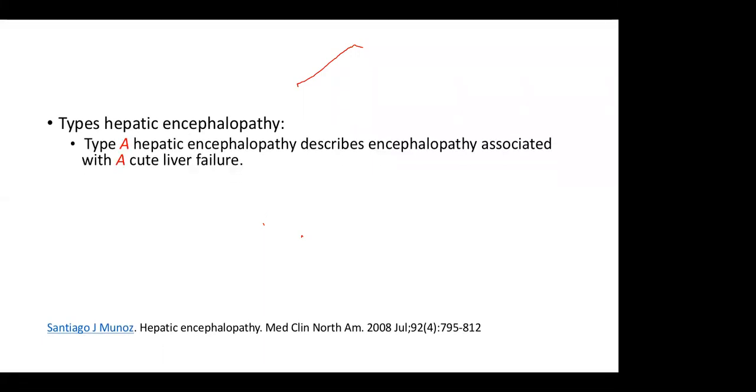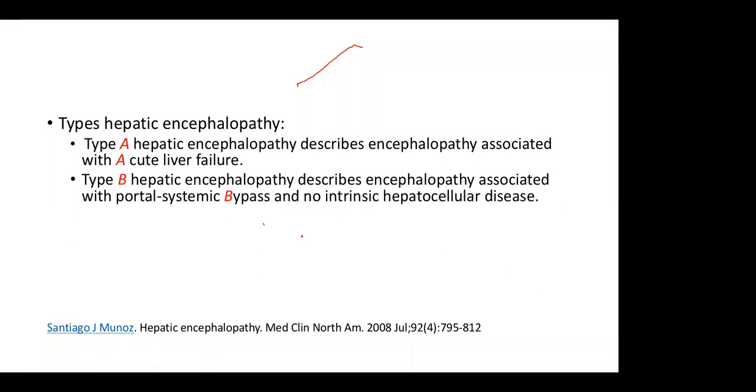And the types of hepatic encephalopathy are very easy. Type A is hepatic encephalopathy that describes encephalopathy associated with acute liver failure. So type A is with acute liver failure. Type B hepatic encephalopathy is associated with portosystemic bypass and no intrinsic hepatocellular disease.